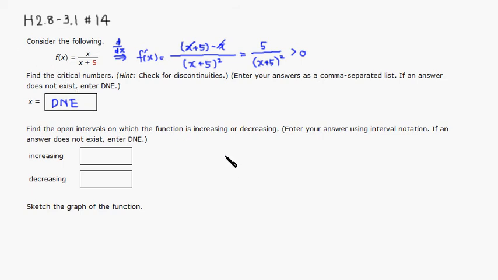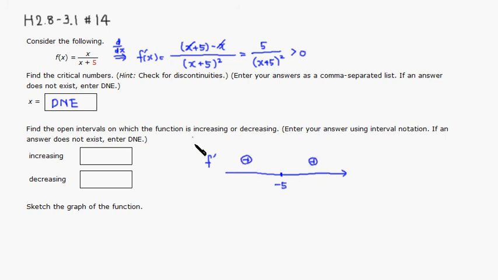Then the open intervals of increasing and decreasing. There's no critical number, but we know that -5 has to be eliminated from the domain. So you have -5 right here. Then f prime is always positive, so it's positive here and positive there.